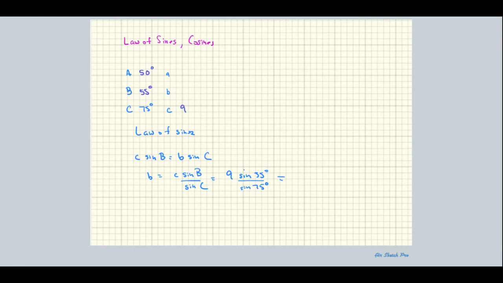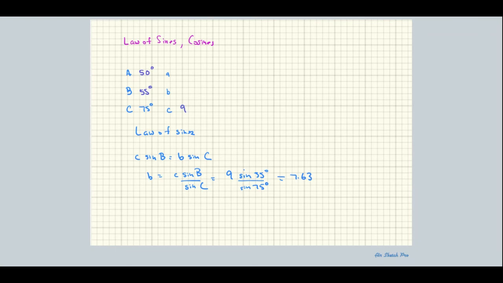It doesn't matter because we're past that now. But we had two angles, so it's not going to be ambiguous. So 9 sine 55, close the parenthesis, divide by sine 75. And I get 7.63. Just by coincidence, that's the number that comes up on my calculator too. So it looks good, okay?